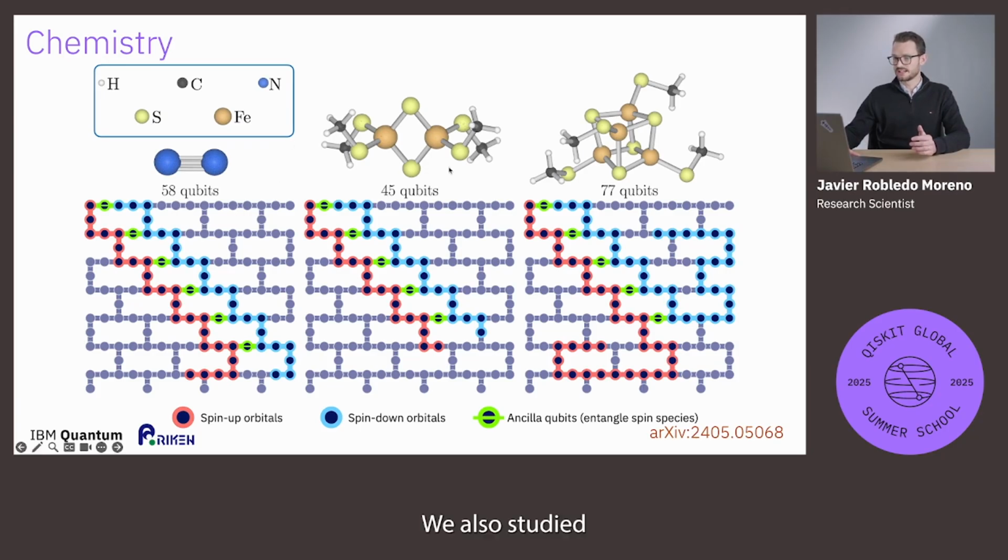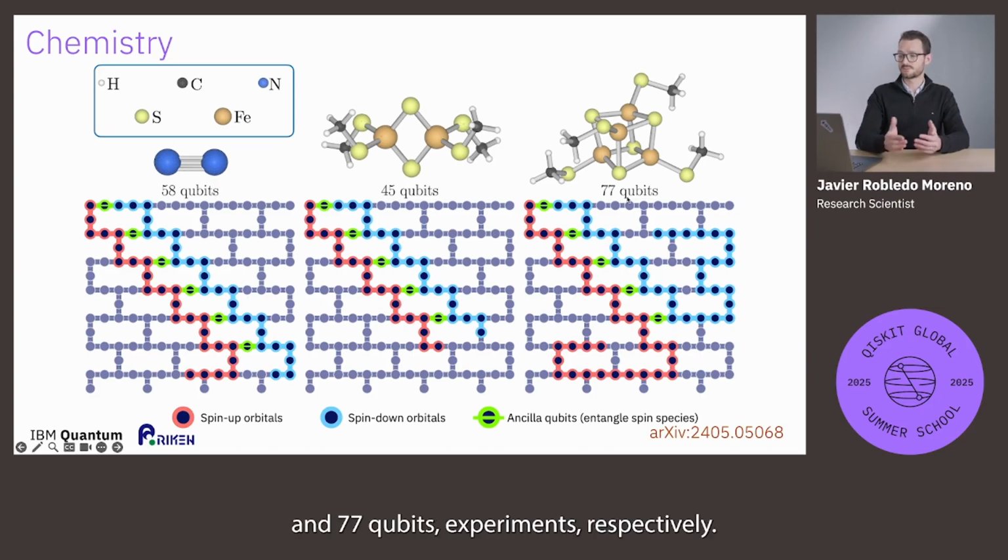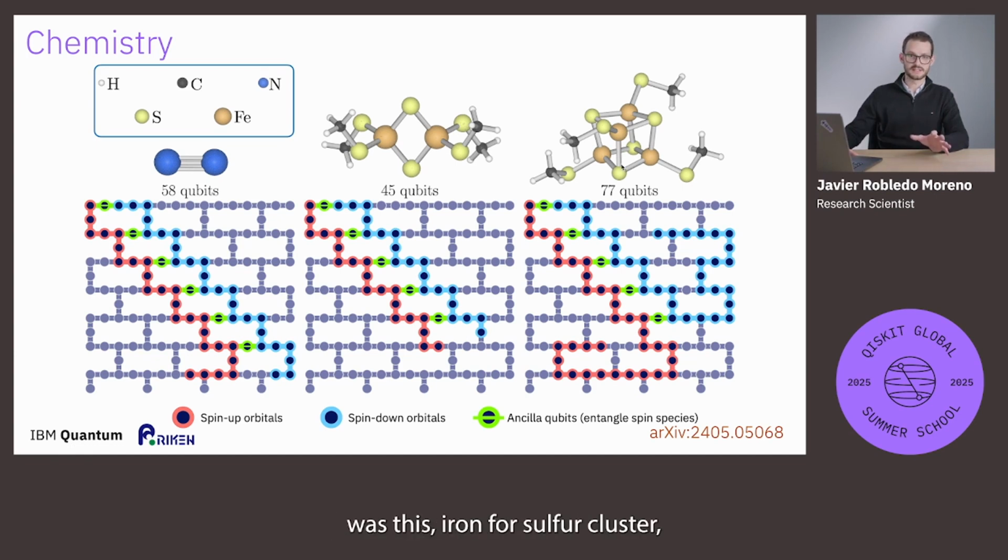We also studied an iron 2 sulfur 2 cluster and an iron 4 sulfur 4 cluster, corresponding to 45 and 77 qubit experiments respectively. The biggest experiment that we ran was this iron 4 sulfur 4 cluster, a 77-qubit experiment, and we went up to 3,500 2-qubit gates.